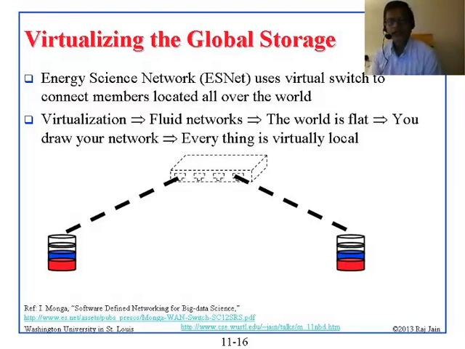They're liquid, and you can shape them in any way you want, wherever you want. And as a result, like they say the world is flat, the network has become flat, and you draw your own network. Everything is virtually local. So you can just draw what you want local, what you want remote. As opposed to previously, when you had to worry about how things are connected, that detail is now hidden from the user.